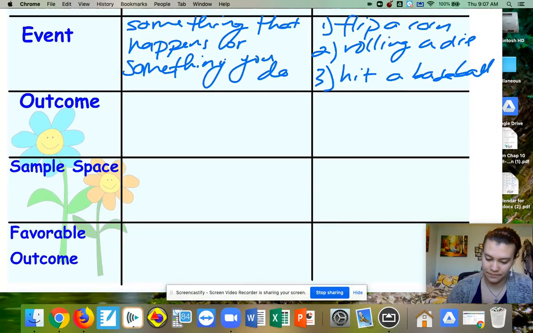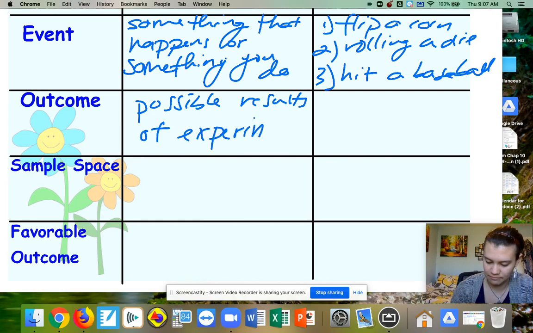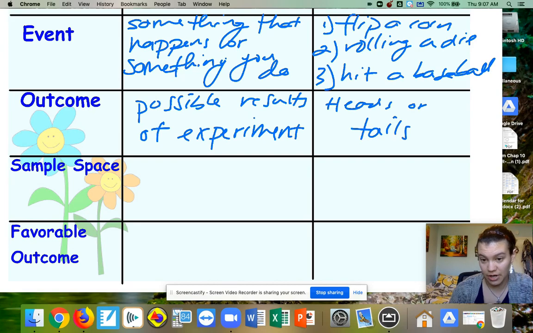The outcome, this is all the possible results of an experiment. So if you're flipping a coin, you could have heads or tails as your outcomes. You have 2 options. The sample space is your list of all possible outcomes.